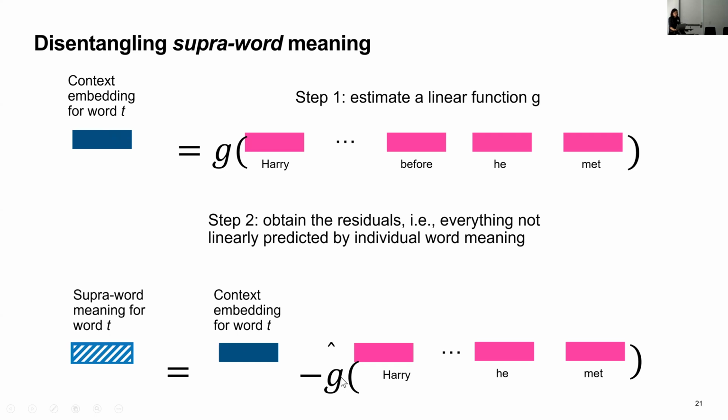So we take the original context vector and our linear prediction of that context vector from all the individual words, and we take the residuals. What this gives us is all the information that is not in the span of the individual words, so everything that's new. And so this is our operational definition for the supraword meaning.